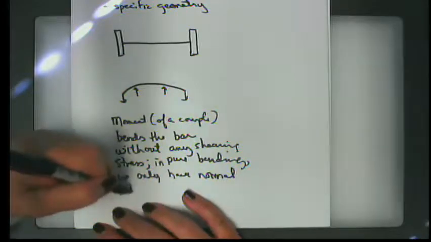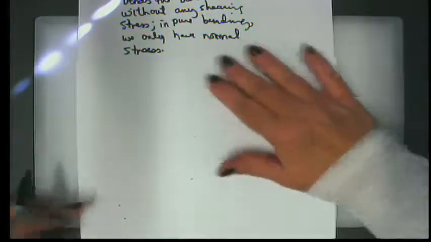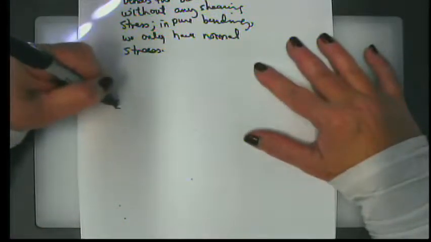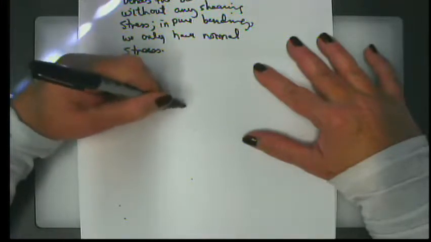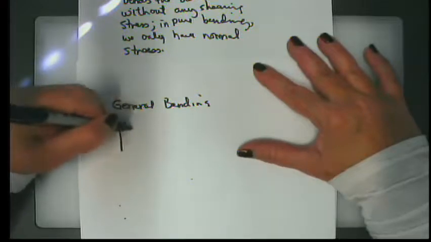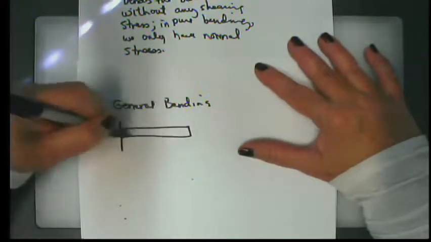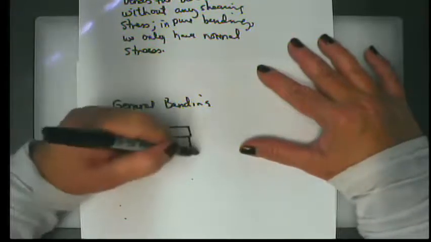Now, I will contrast this with general bending, which we're not going to do any analysis for today. We will later on. But in general bending, we have a case like a wall with a signpost extruded from the wall.